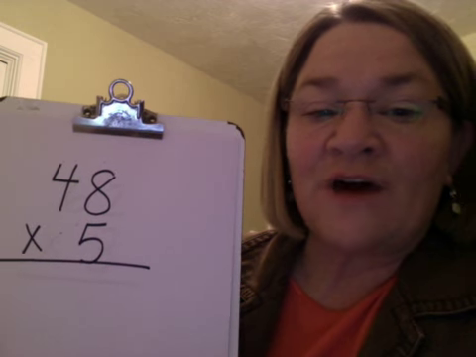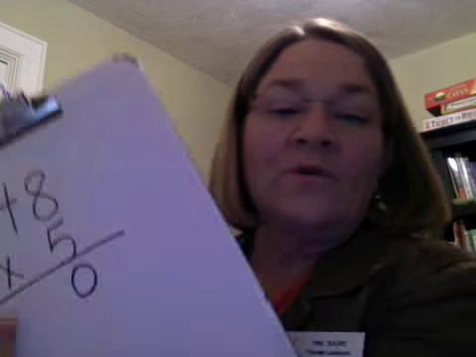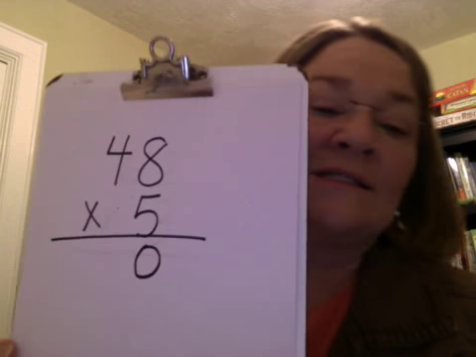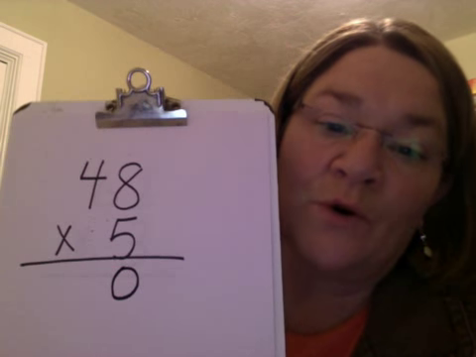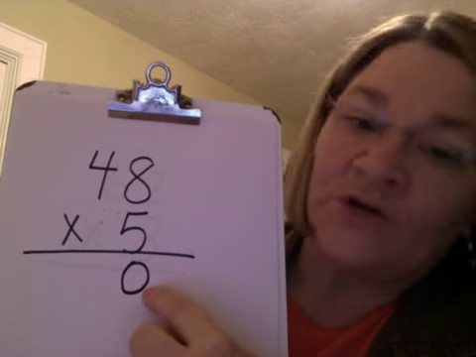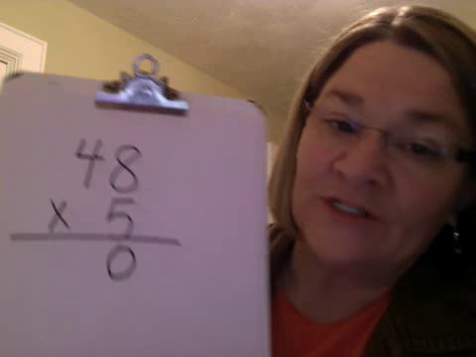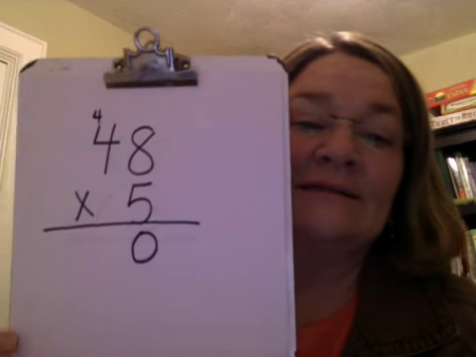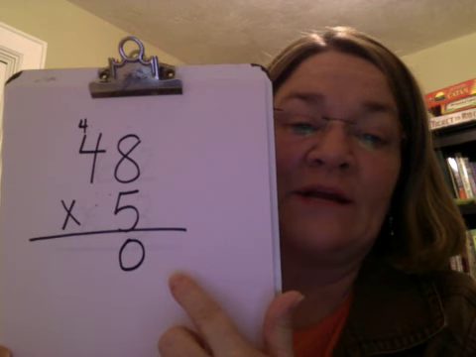So let's do 5 times 8, which we know is 40. And right there we have a situation where we can't write 40. We're going to have to regroup. We're going to put the 0 here, and we're going to regroup the others up into the tens column, which will give us 4 more tens because it was 40.